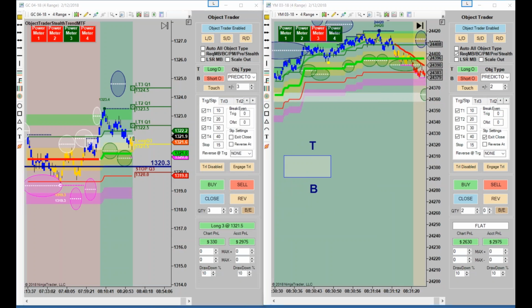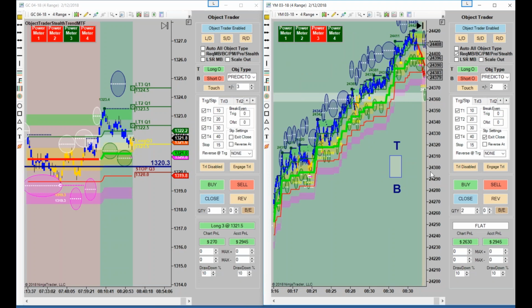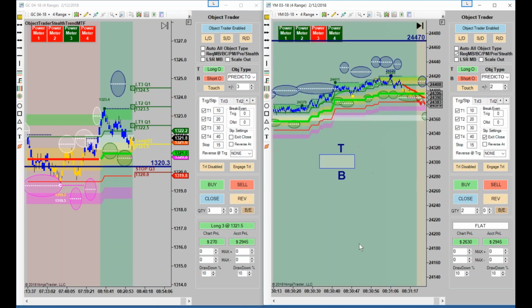I'm gonna pause this totally because you can clearly see this does a pretty good job. All right, always think of even a predictor as a region. It's got a top of a box and a bottom of the box. This T button and this B button right here is exactly what tells us what to do. Just because the top of a box and the bottom of the box has it defaulted at long out and short out does not necessarily have to be it.